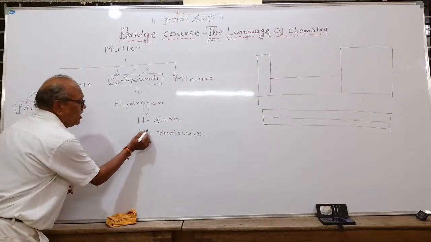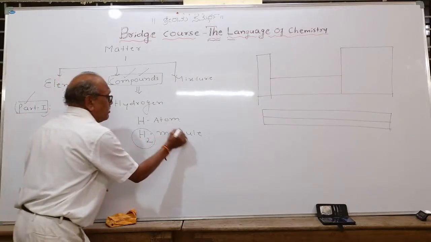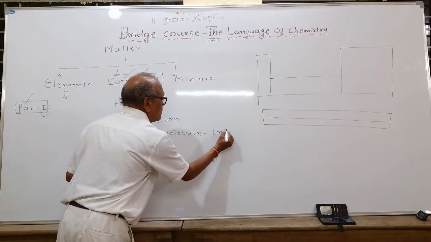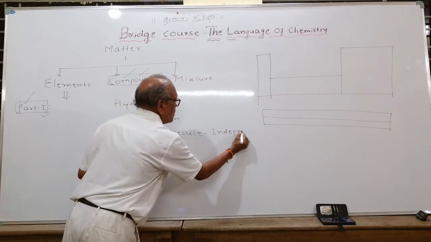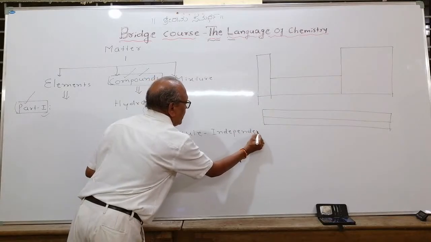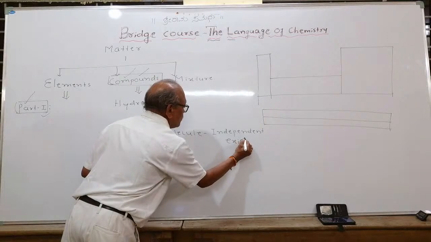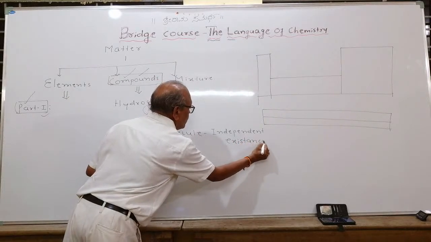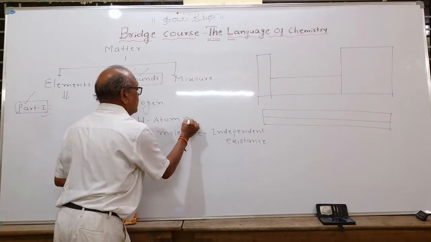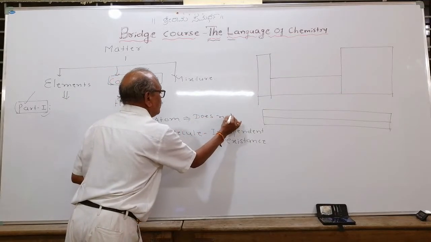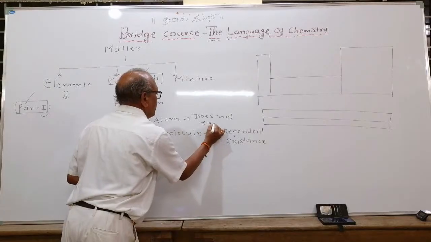The main difference between atom and molecule is, molecule will have independent existence. Any substance capable of independent existence is called a molecule. Remember, what is an atom? Atom does not exist independently.